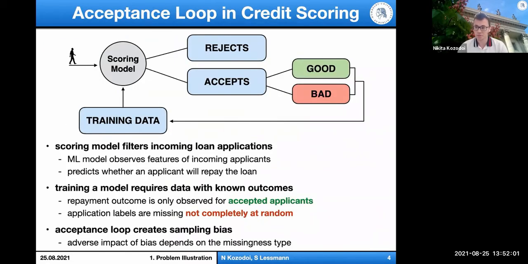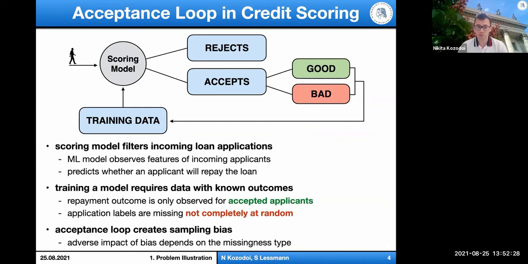Most of you, I'm sure, are very much familiar with the standard binary classification credit scoring setup, where we as a financial institution have a scoring model that observes the features of incoming applicants and predicts the probability of default. And then we use these predictions of the scoring model to accept or reject the customers based on the predicted scores.